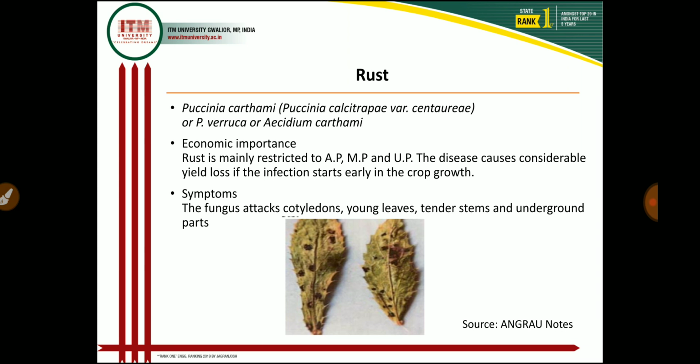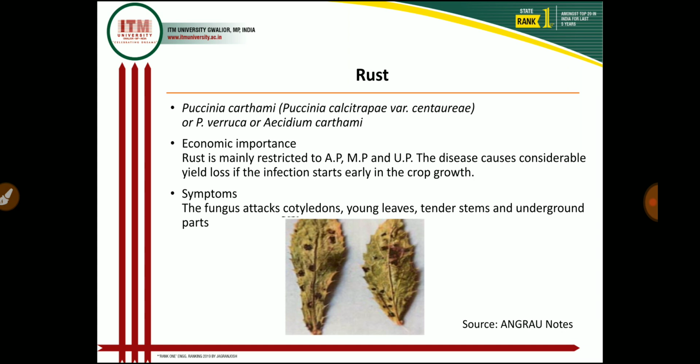So this rust disease is the most important disease in the safflower crop, and rust is mainly restricted to Andhra Pradesh, Madhya Pradesh, and Uttar Pradesh, and heavy losses are mostly restricted to Andhra Pradesh. The disease causes considerable yield losses if the infection starts early in crop growth. But if the disease infects at a later stage, then yield losses are minimal.